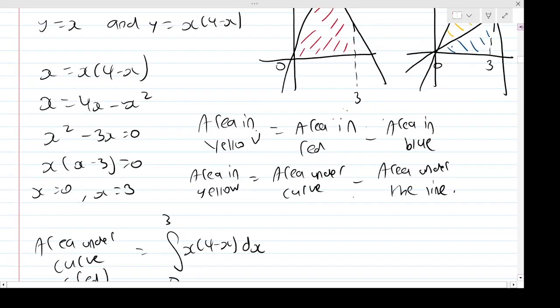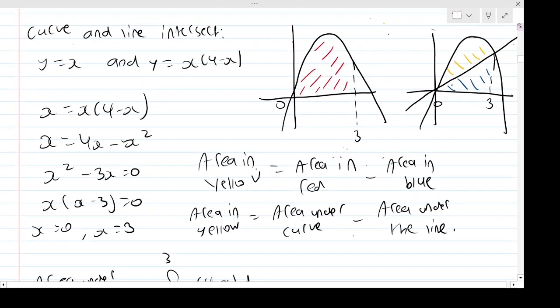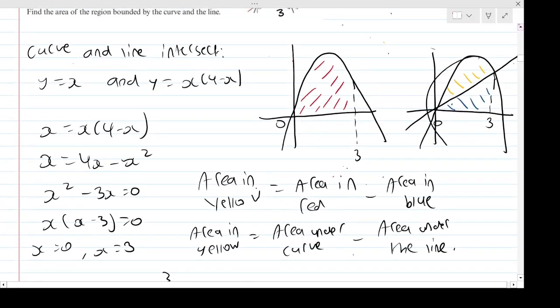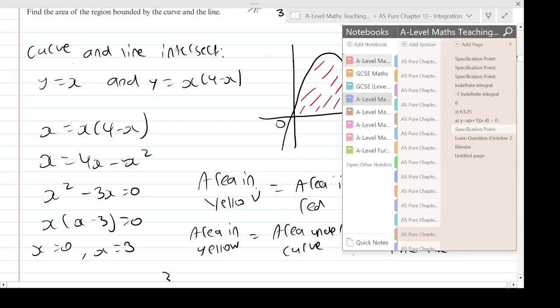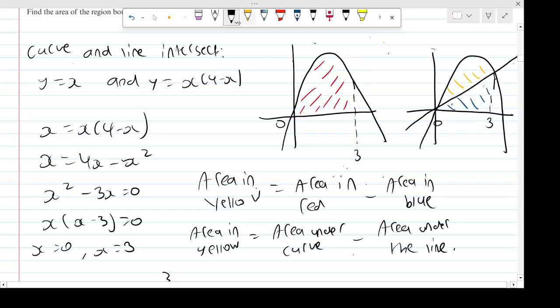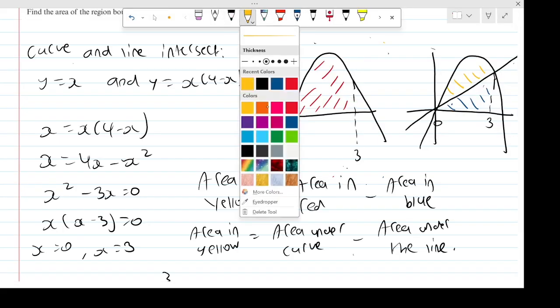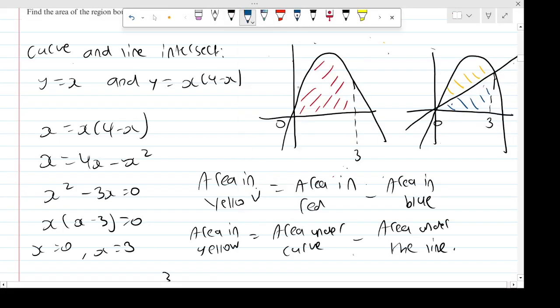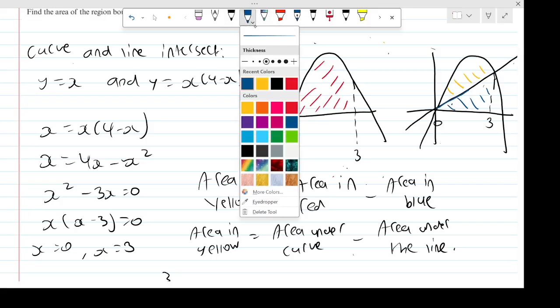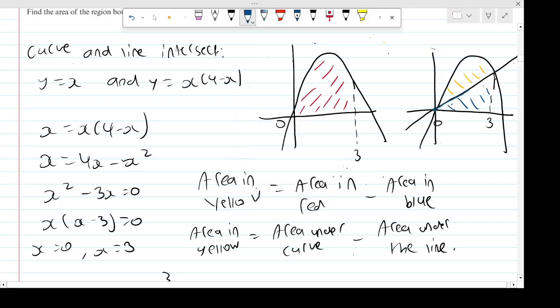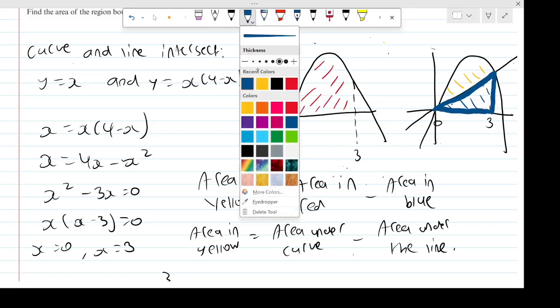If we look at our yellow and blue diagram, and I highlight the outside of the region in blue, hopefully you recognise we've got a triangle.